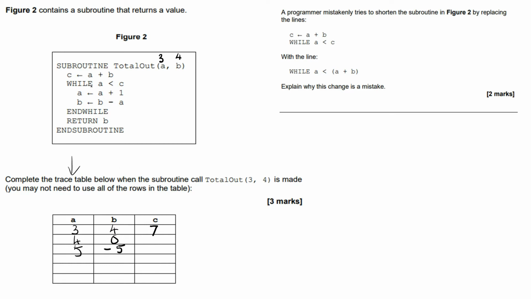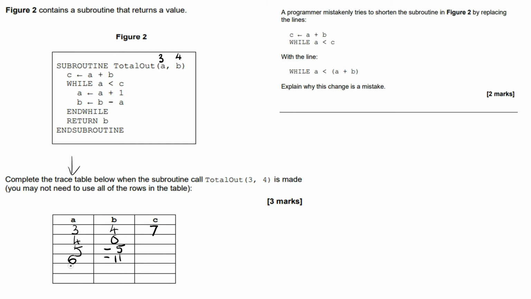And the next iteration, so while A is less than 7, so it is still less than 7, so we add 1, and then we take away 11 now, because we're taking away A, which is taking away 6. And the next one, so while A is less than 7, so 6 is less than 7, so it's still true.